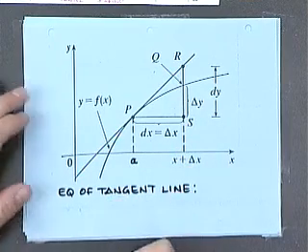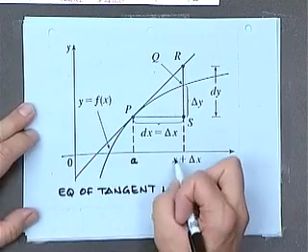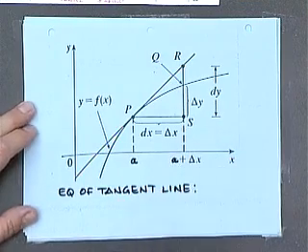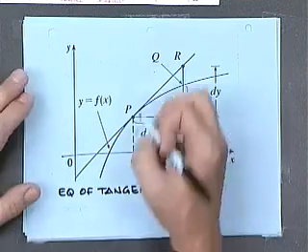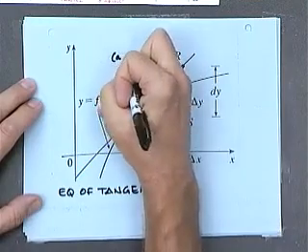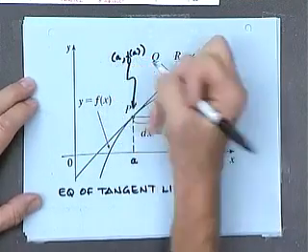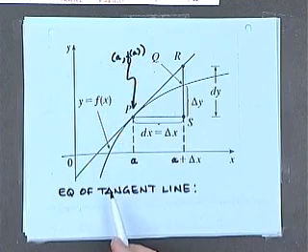A is kind of our choice that we're going to make that is easy to work with. It's on the curve. It's on the line tangent to the curve. It's on both of them. And then we're going to get over here to our final value, which is delta x units away from A. So this point is the point A, comma, f of A. And that point is on the curve, and it's also on the tangent to the curve.